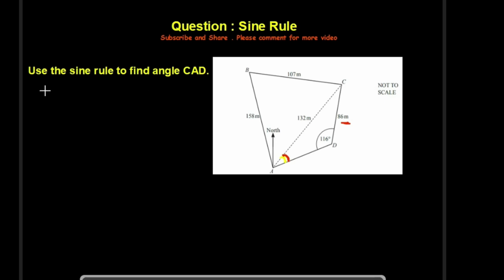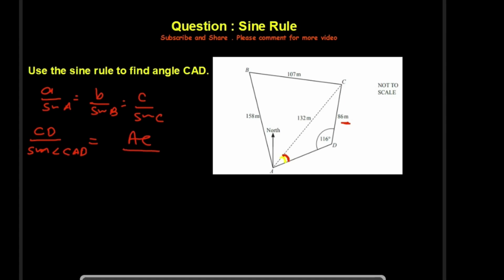So in this scenario, using the sine rule, A upon sine A is equal to B upon sine B is equal to C upon sine C. Now we are going to use A upon sine A. I am going to write CD upon sine angle CAD is equal to AC, this side is AC, and the angle is 116, so sine 116.